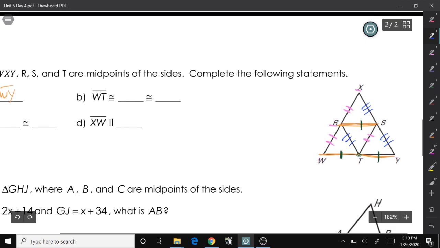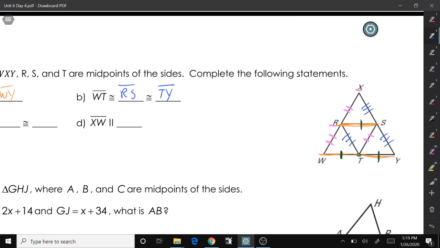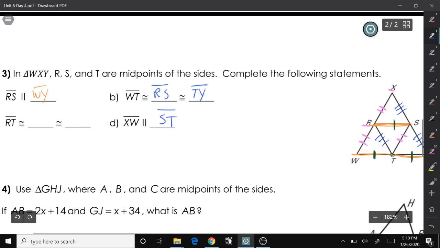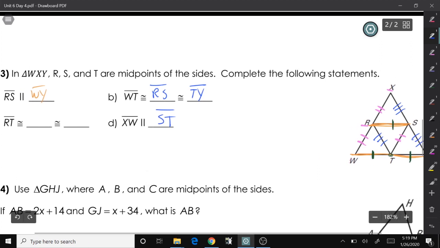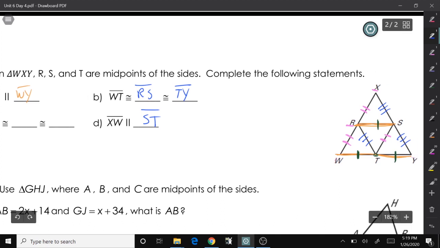So now we go back over here. Okay, WT is congruent to RS and TY. Side XW is going to be parallel to side ST. And then RT is going to be congruent to sides XS and SY.